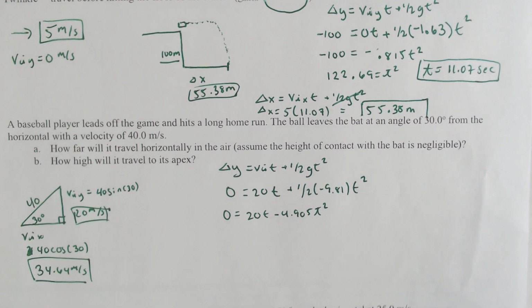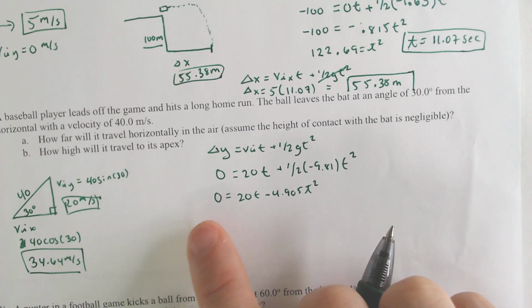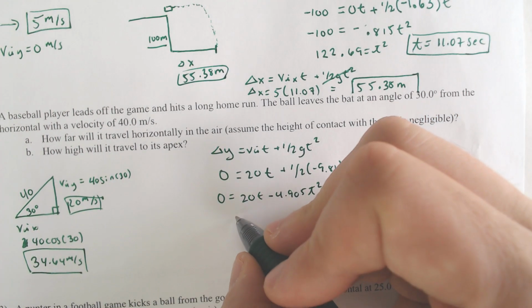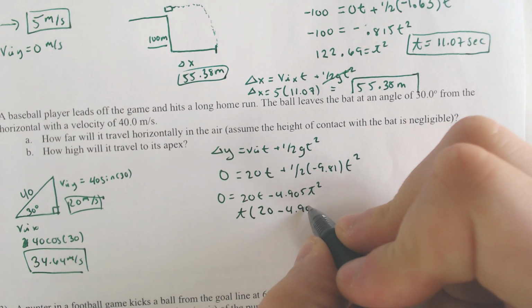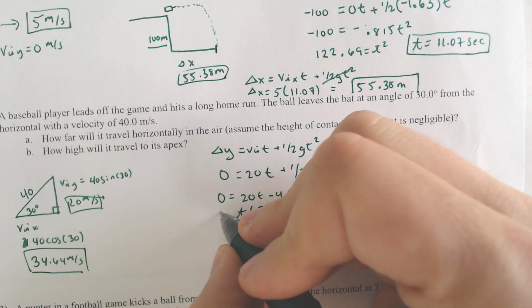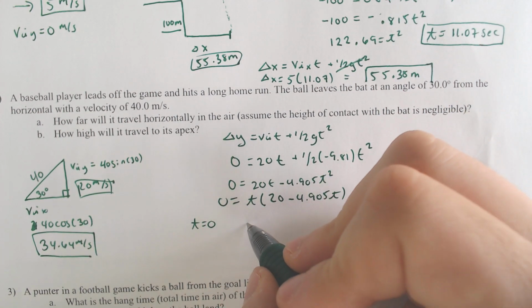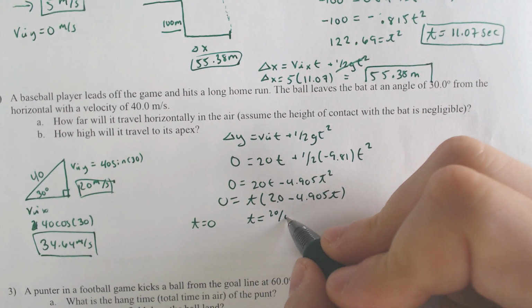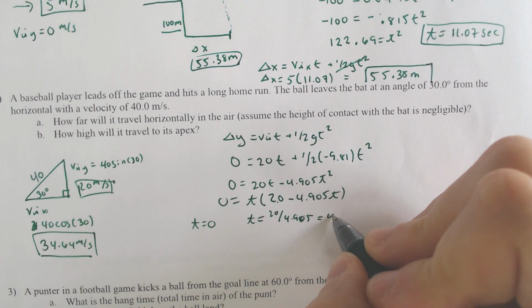Now you could use the quadratic formula here, but I recommend if you only have a t and a t squared with this 0, then all you have to do is technically factor out a time, and you get 20 minus 4.905 t equals 0. You get two times. Time equals 0, and time would equal whatever 20 divided by 4.905 is, which ends up equaling 4.07.